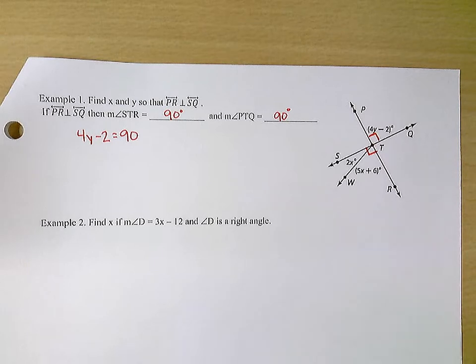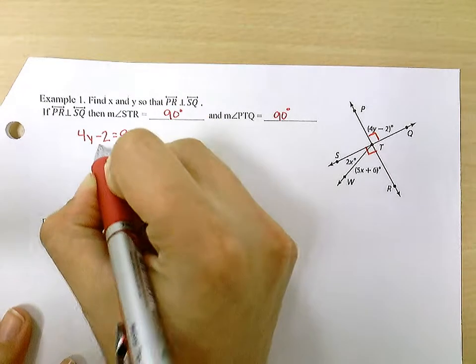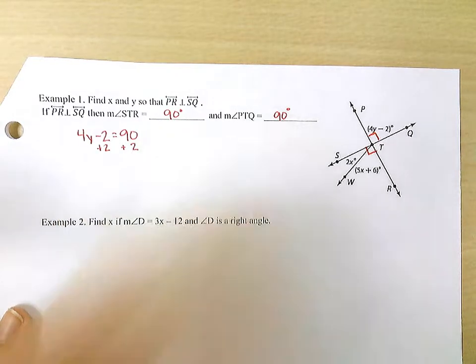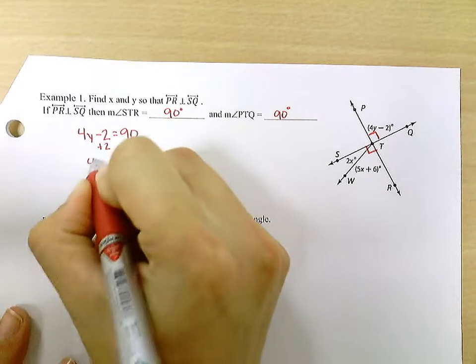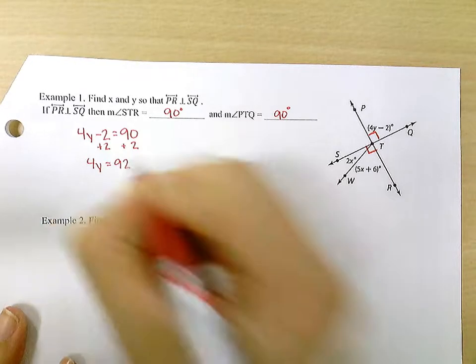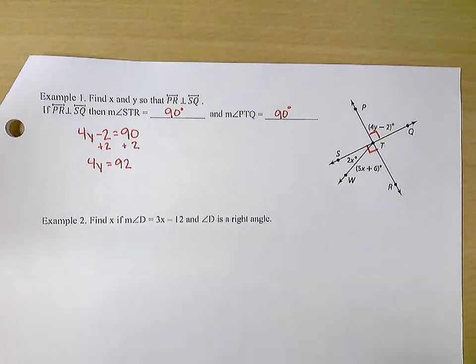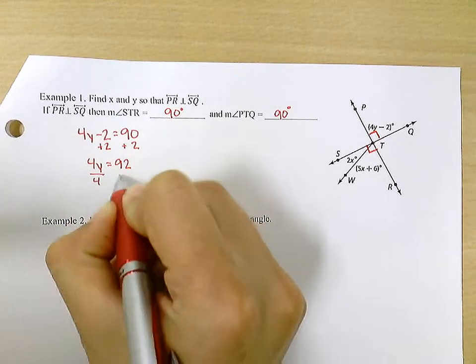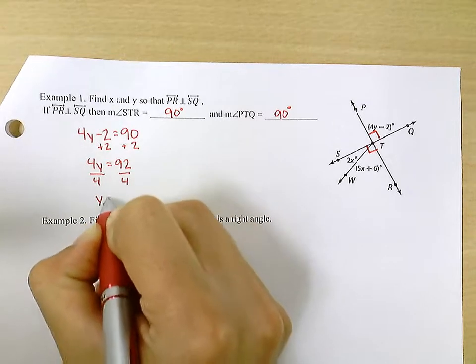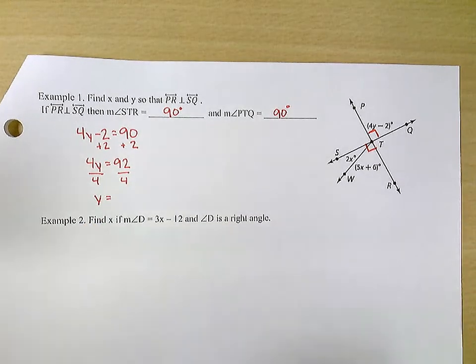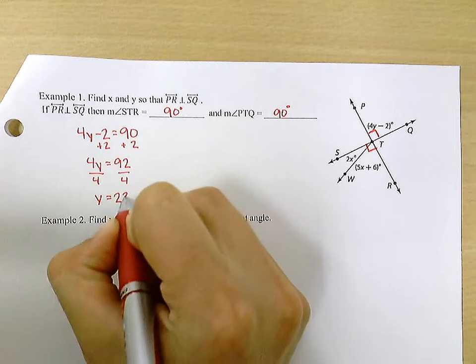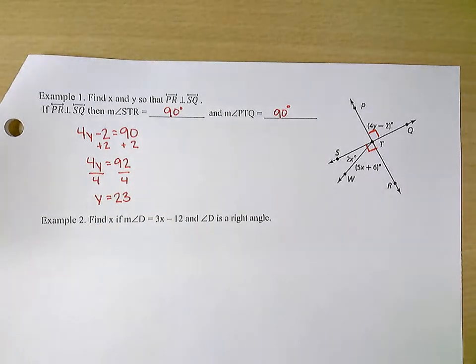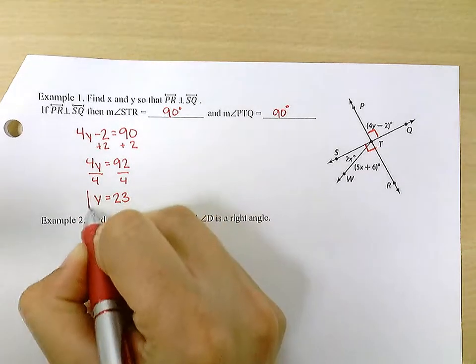So from there, I'm just going to solve for y. So add 2. So 4y equals 92. I can divide both sides by 4. Yes, y will equal 23.